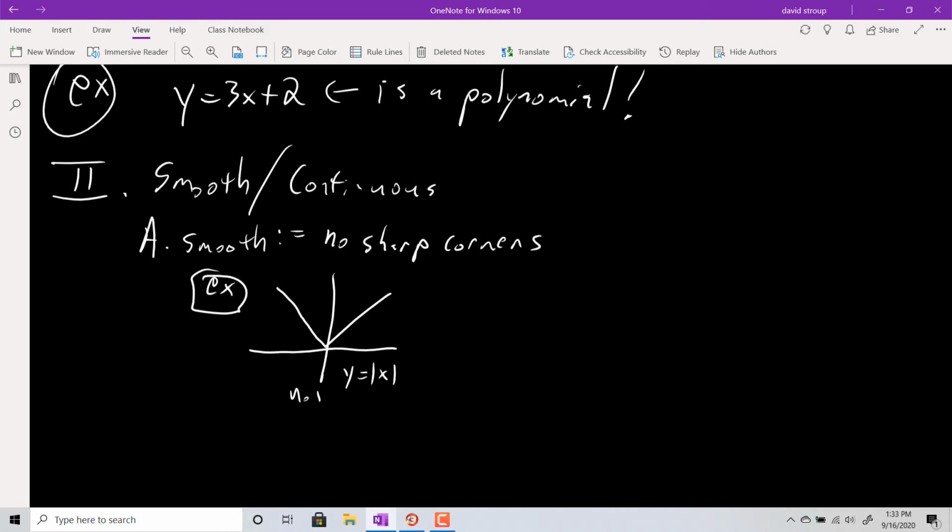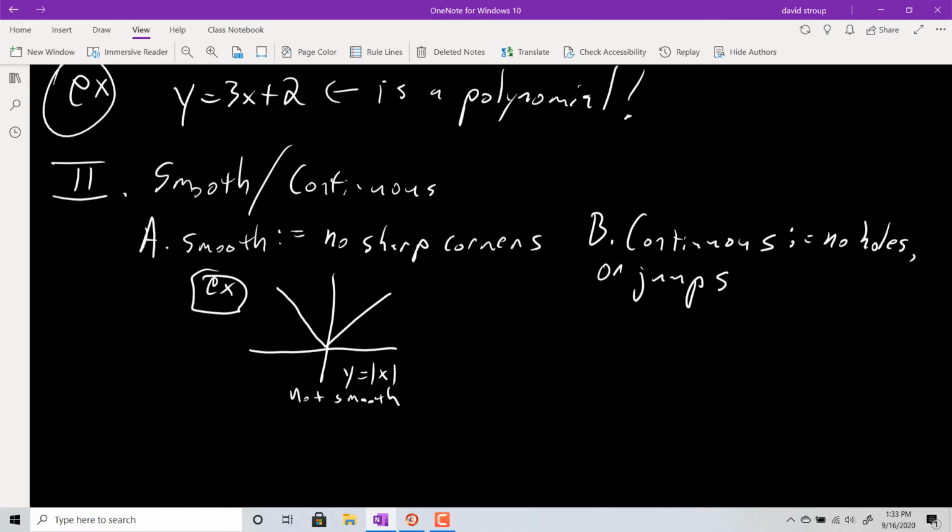This is not smooth. Functions that have that property are annoying for particular reasons later on in math, so we want to note if there are any sharp corners. The other idea is continuity. Basically that just means there are no holes or jumps. Intuitively, it means you could draw the thing without picking up your pen.